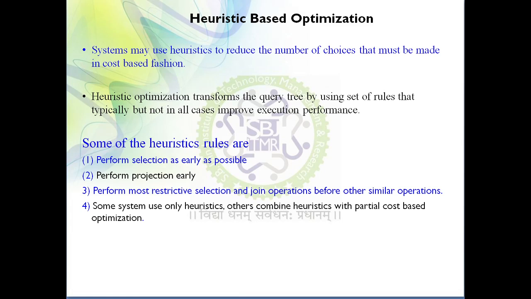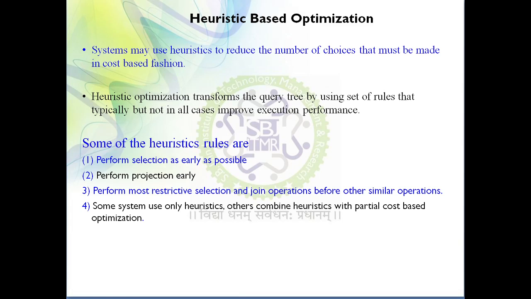See, nowadays most databases make use of a combination of both cost based optimization as well as heuristic based optimizers. Okay, suppose you talk about the Oracle database. Maybe you have a question in your mind about what type of optimization technique is used by the Oracle database. In that case the answer is very simple.